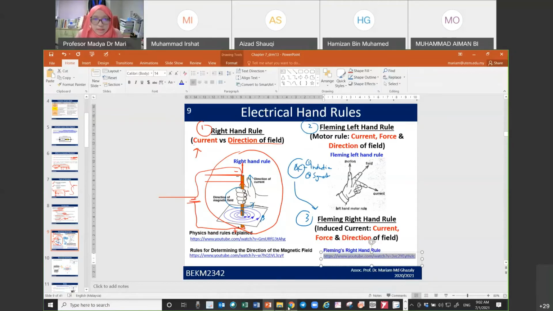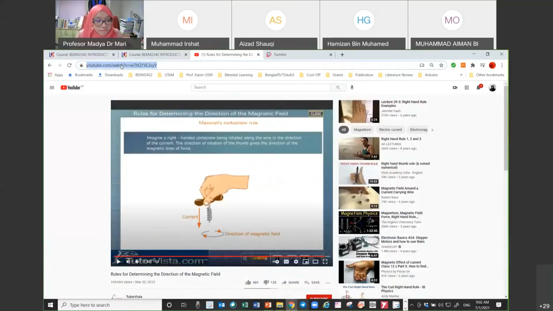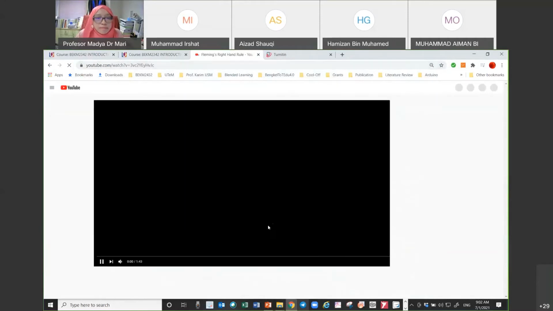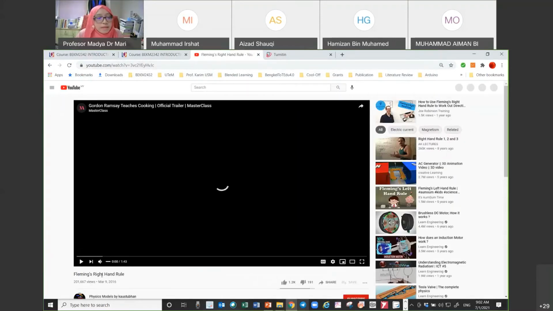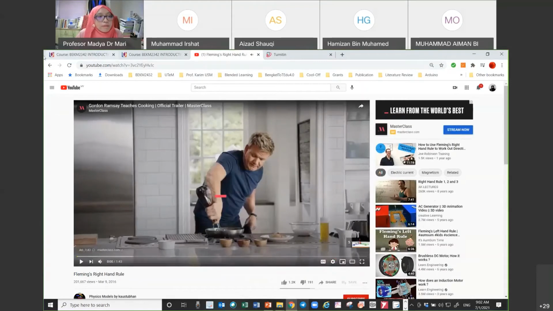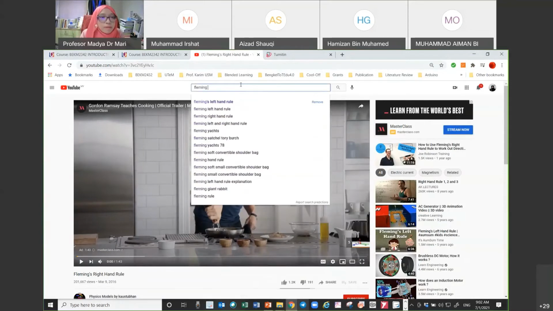So let's look at this one. This one is to determine the... just search, there are many on the left hand rule.